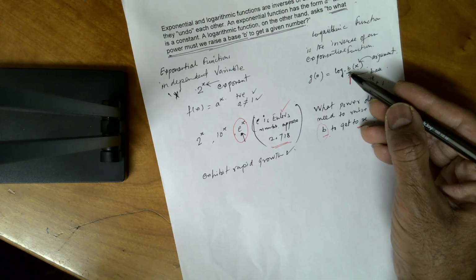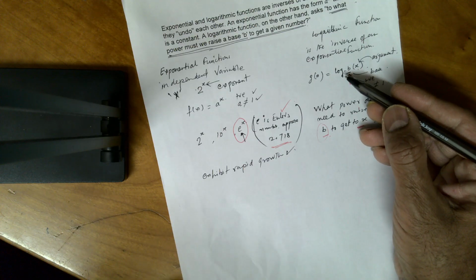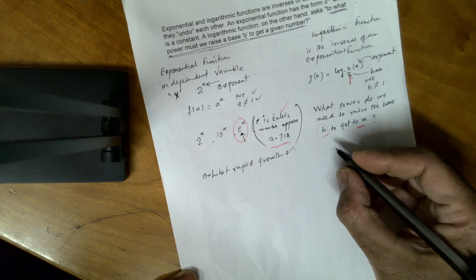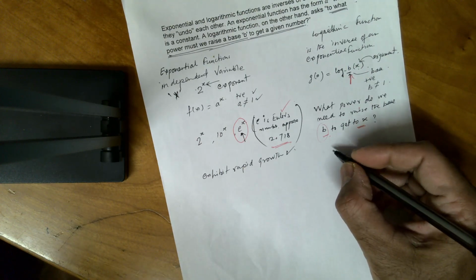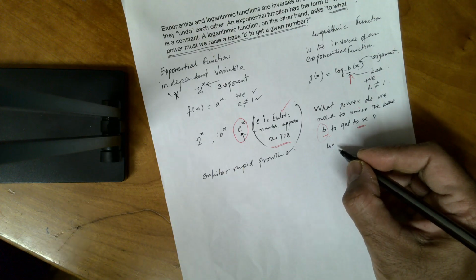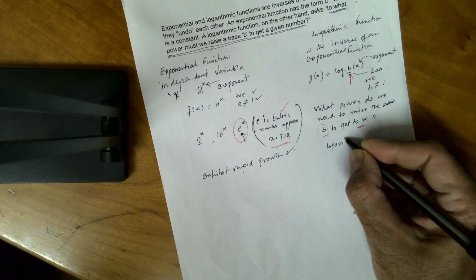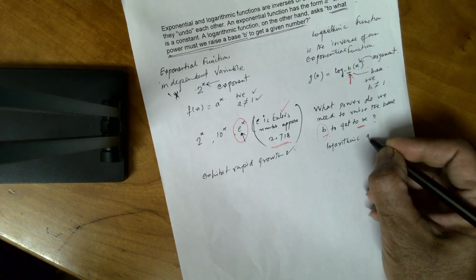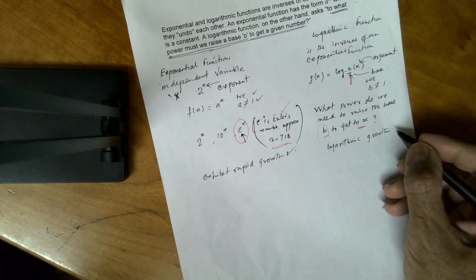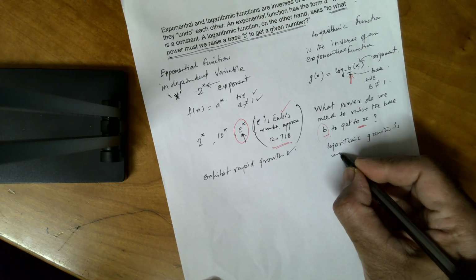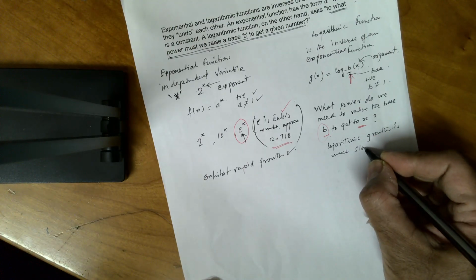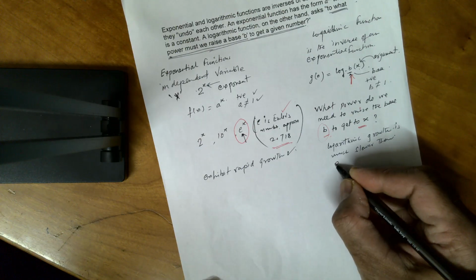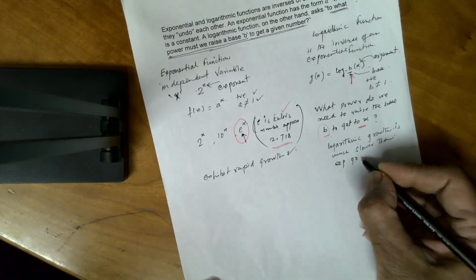If the base is 2, for example, you will see the logarithmic growth is much slower compared to the exponential growth.